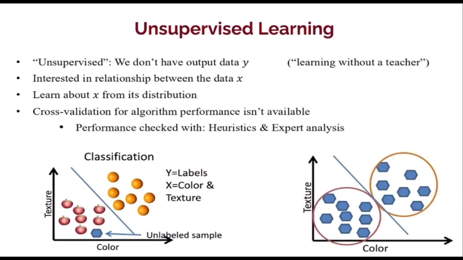Now, at times we can have a situation where we don't have output data Y. We only have X. It is more or less like learning without a teacher, in the sense that we don't have an output label Y. That kind of learning can be categorized as unsupervised learning.